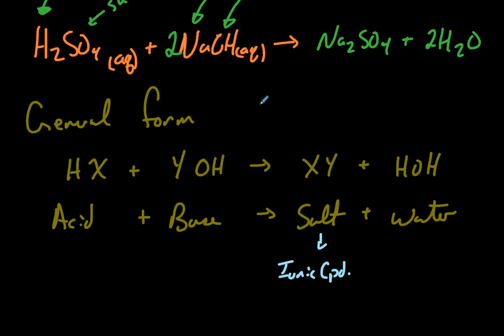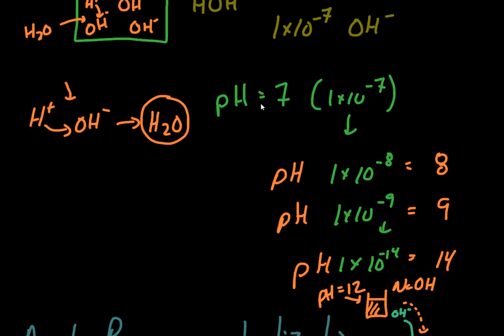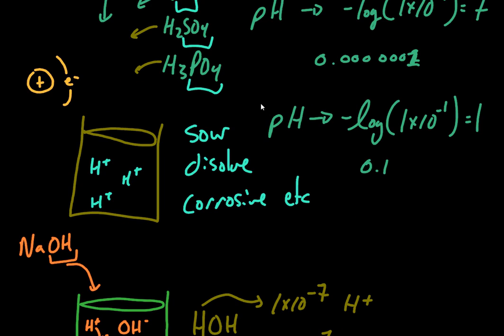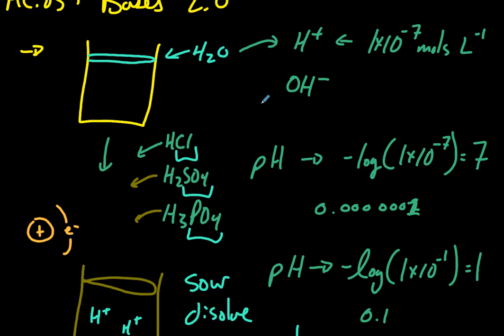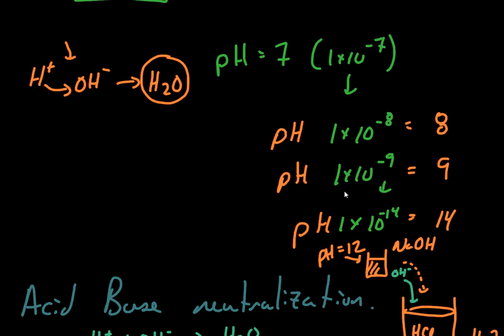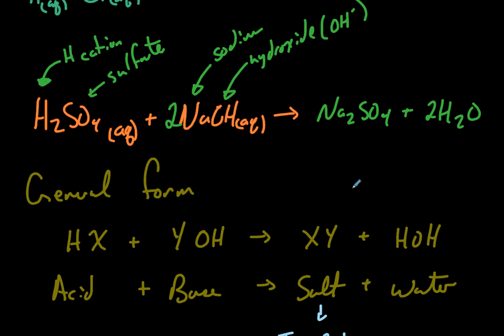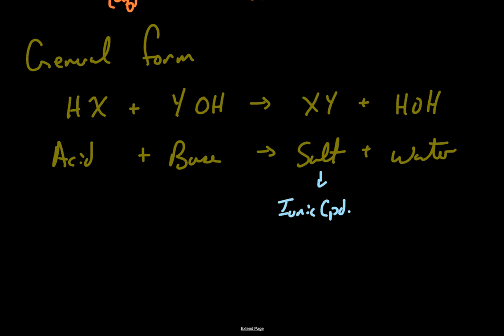But for now, that's all we really need to cover. Once you can recognize the concept of pH, why low pH makes an acid, why high pH makes a base, and recognize acid-base neutralizations, we're essentially as far as we need to go with chemistry. Okay, so we'll wrap her up with that.